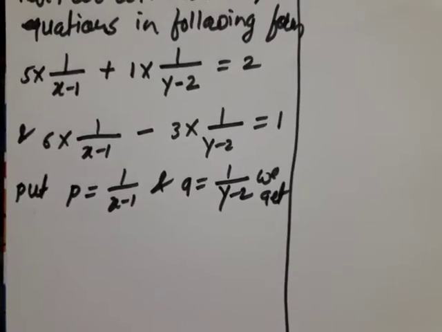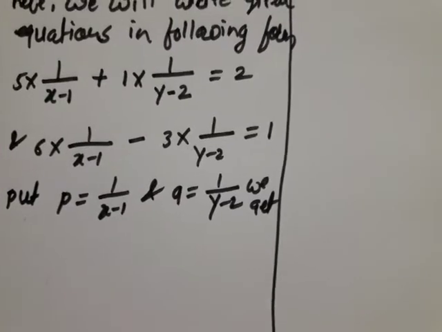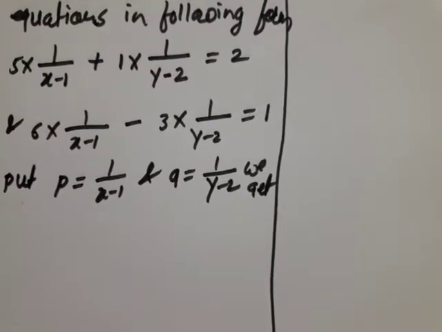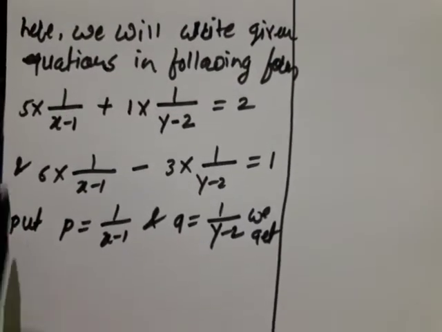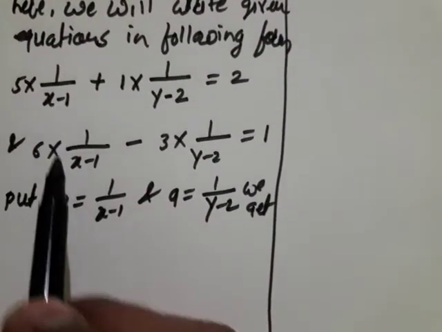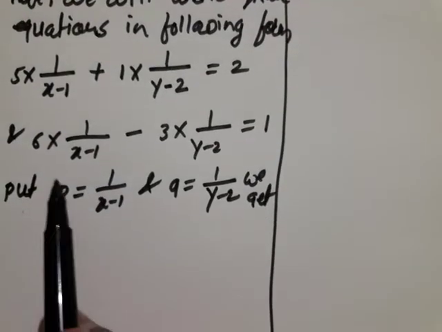Then the given equations we will write. What type of given equations will be? Look here, 5 into 1 upon x. What we are going to write instead of 1 upon x? p.